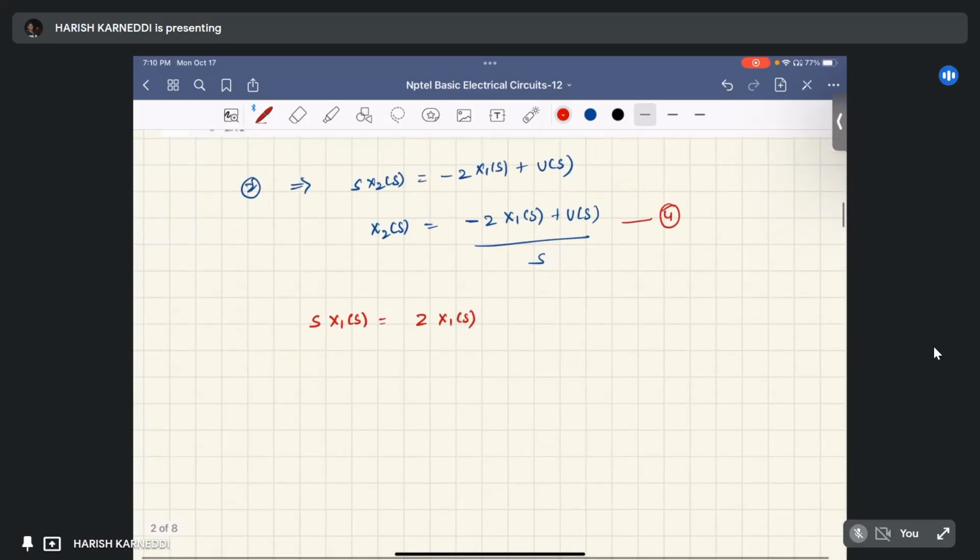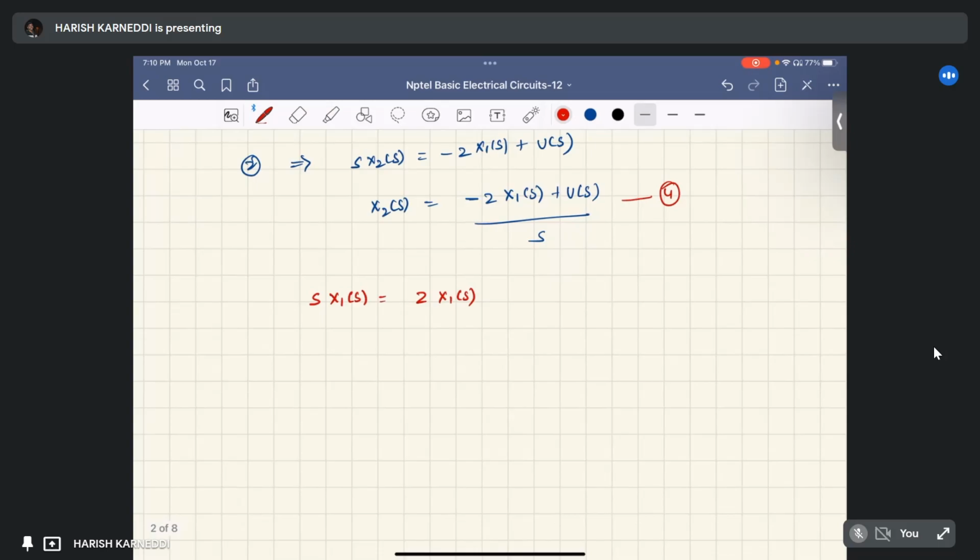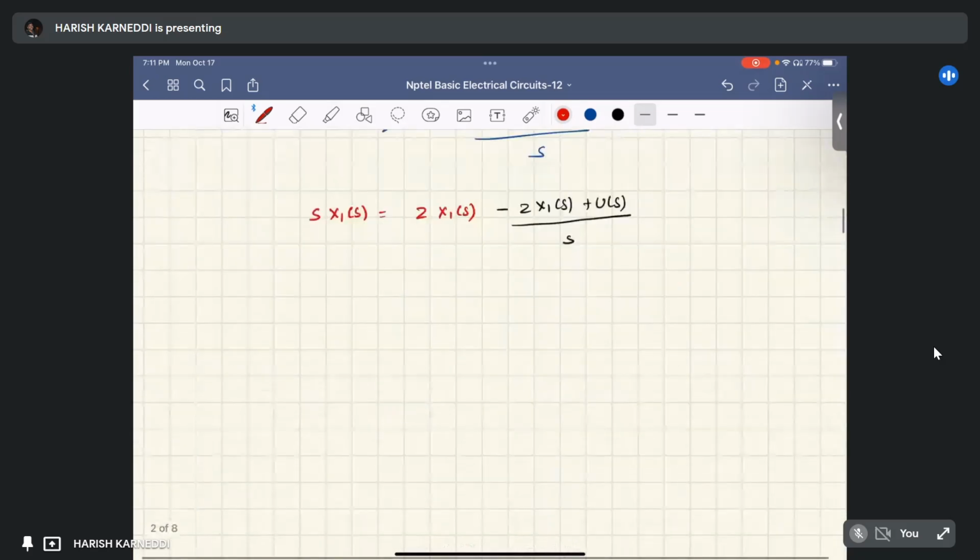Instead of x2 of s, we are putting this function, which is minus 2 x1 of s plus u of s by s. Instead of x2 of s, we substituted equation 4, and plus u of s.